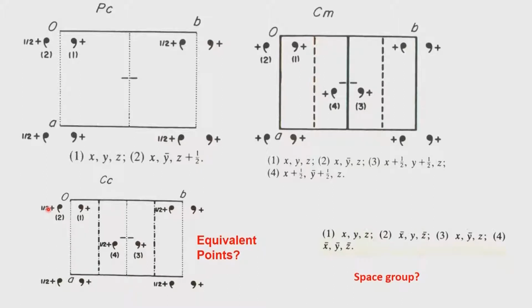Now, what happens to this particular point? This particular point can be translated by 1 unit, and if you translate by 1 more unit, it goes out of the unit cell. But in this case, if you translate it by 1 unit, it comes to this point, half plus this object.